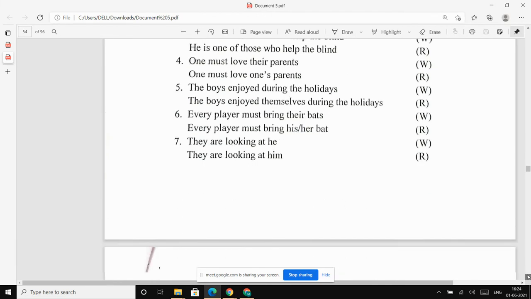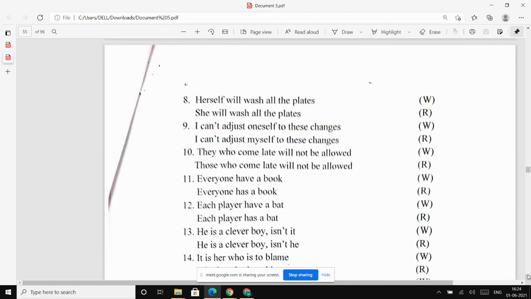Okay, and now see some more examples here. Herself will wash all the plates. See here, when we are using the pronoun here, herself is not the right pronoun. She is the right pronoun. She will wash all the plates. Okay, I can't adjust oneself to these changes.